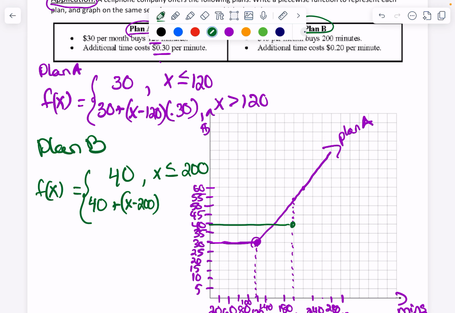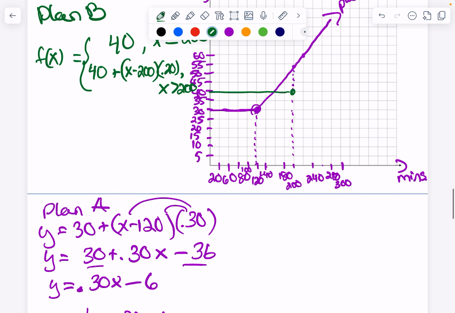And then this costs 0.20. And this is when x is greater than 200. Okay, we need to do the exact same thing for plan B now that we did for plan A. So y equals 40 plus x minus 200 times 0.20.